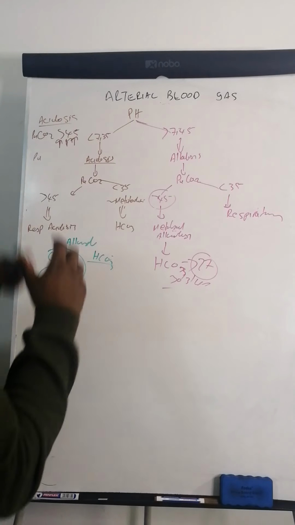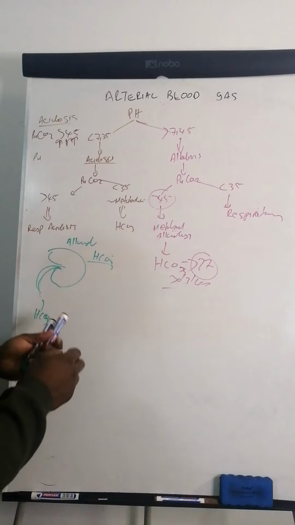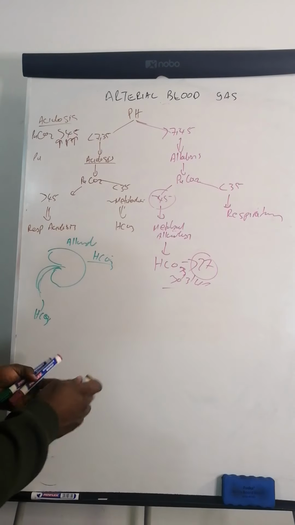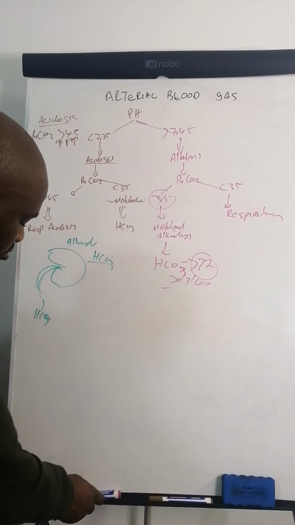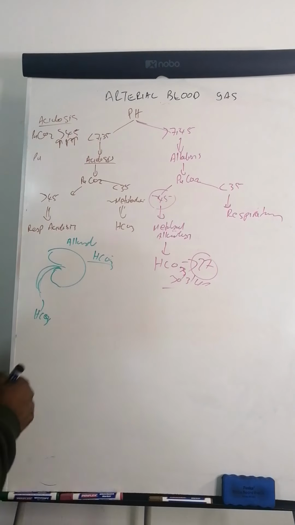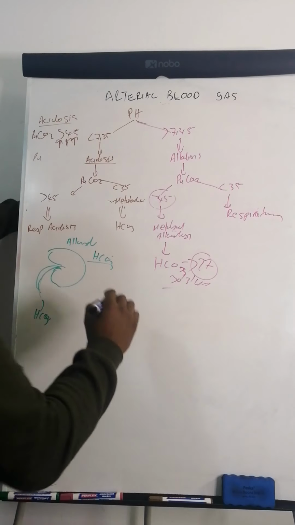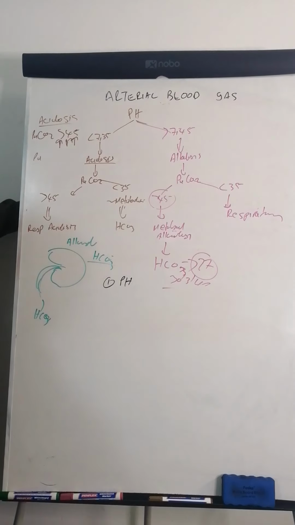So what I'm trying to say to you guys, do this in a stepwise approach. I know this thing, it also gave me a lot of problems when I was still a student. What I'm saying here, step 1, look at the pH. What is it doing?